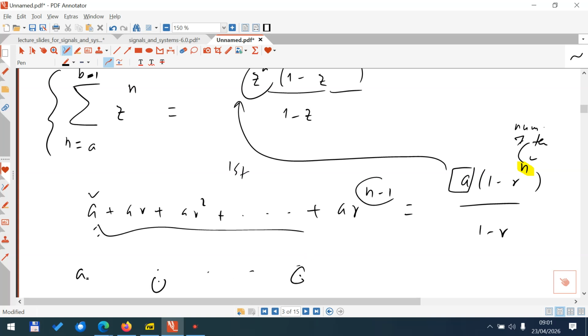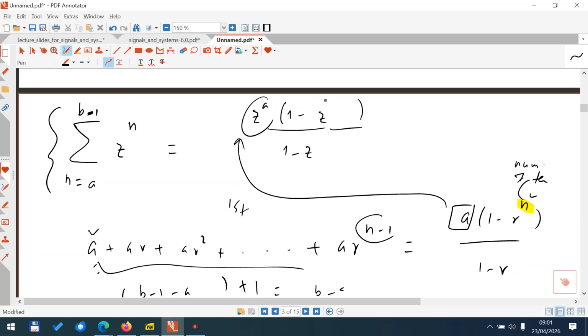So it will be b minus 1 minus a and then plus 1. No, sorry, this a is not included. So b minus 1 minus a and then plus 1. It's b minus a.